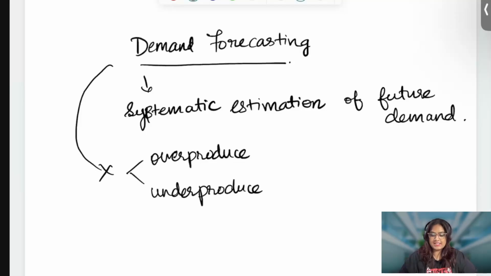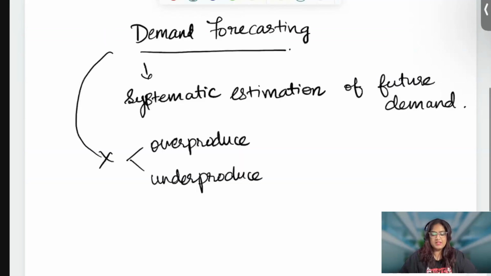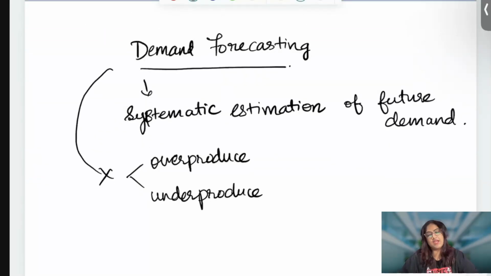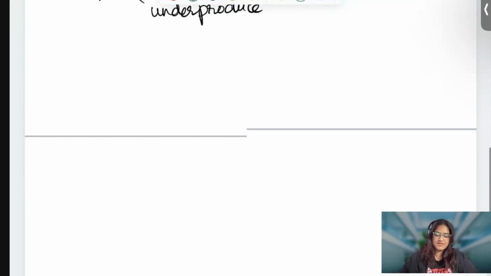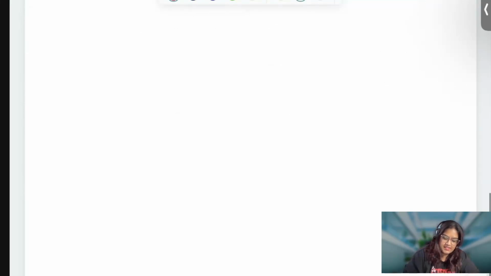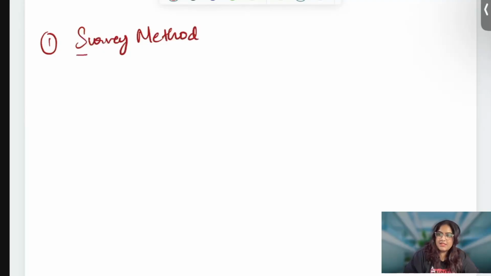Now, let's discuss the major methods of demand forecasting. There are multiple techniques used for demand forecasting. Let us first understand the very first technique, that is the survey method. Now, what is the survey method?